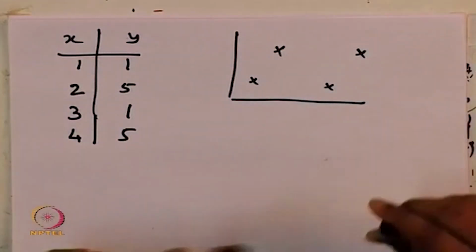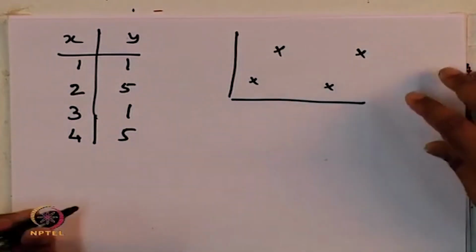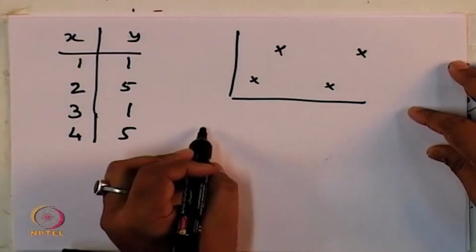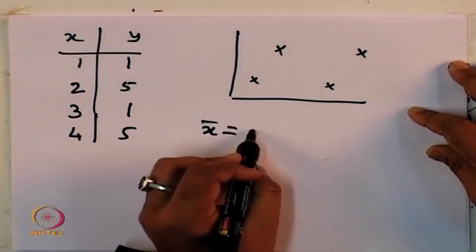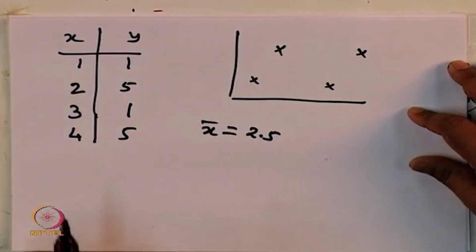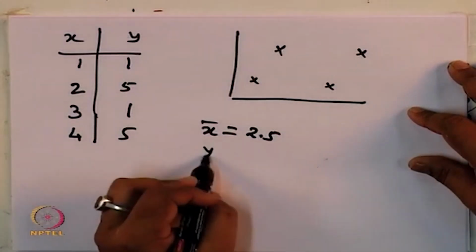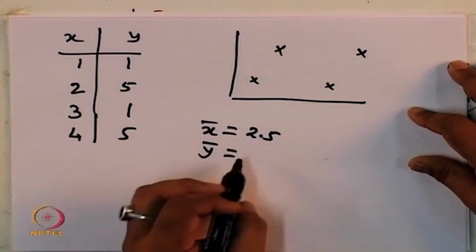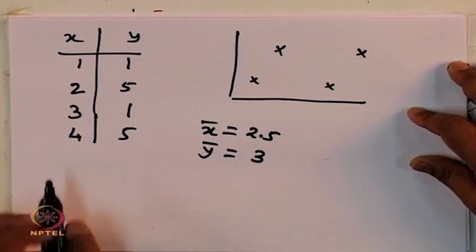Okay. Let us do the following exercise. So, my x bar is going to be 2.5 as before, y bar is going to be 3.